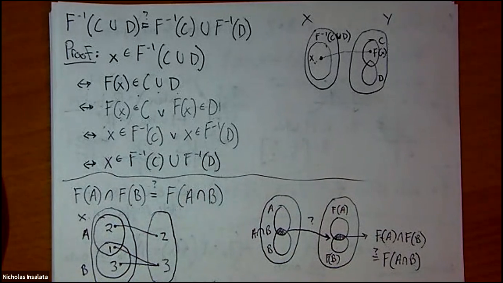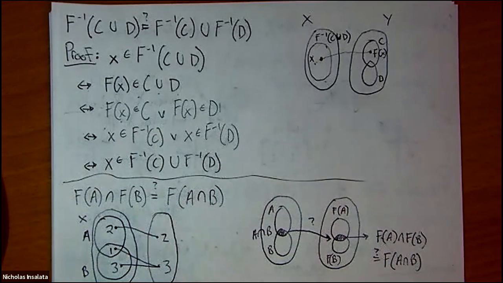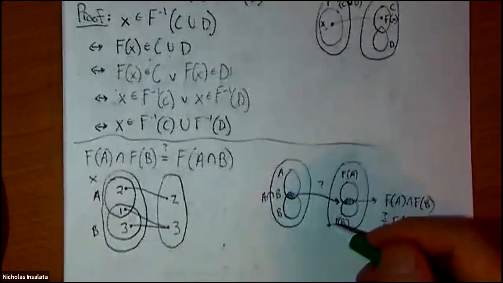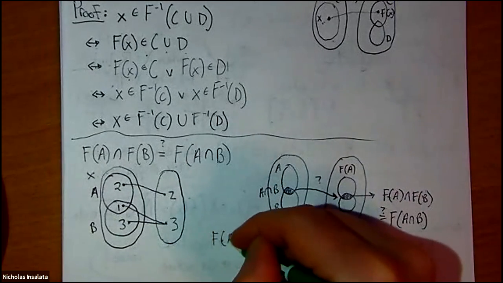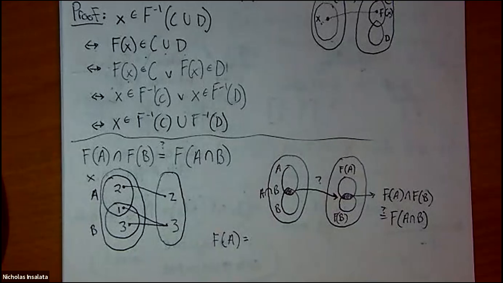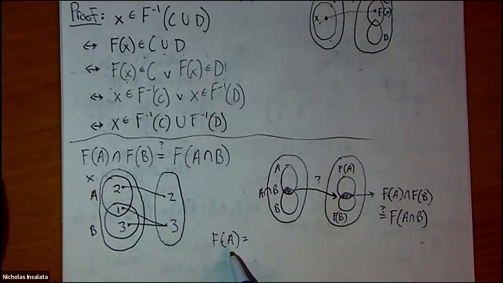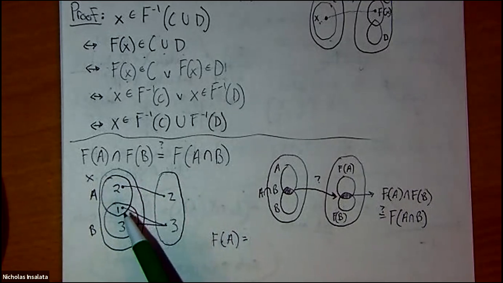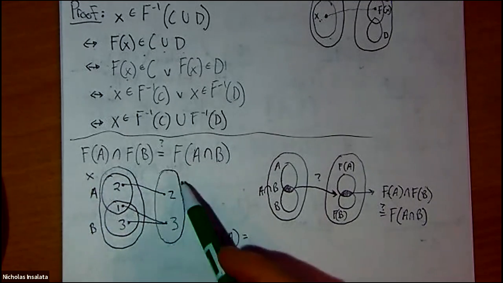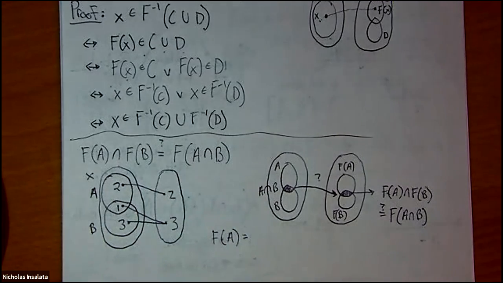Okay, nice. All right, so in that case, what would we have for all these different sets? First of all, let's write some stuff down. So what's f of A? What subset of the codomain do you get if you map all the elements of A, which include 2 and 1? 2, 3.